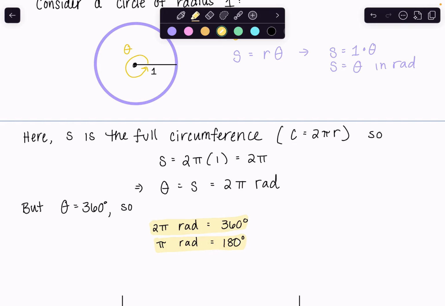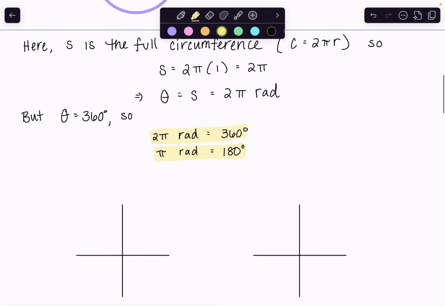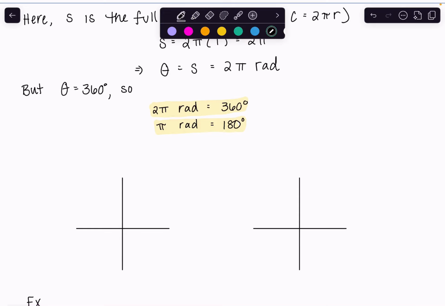Okay? So to show you just with a nice XY axis, we know this is 0 degrees, 90 degrees, 180 degrees, 270 degrees, and then back to 360. Well, if I go a full revolution around, 0 degrees would be the same thing as 0 radians. 180 degrees is pi radians.